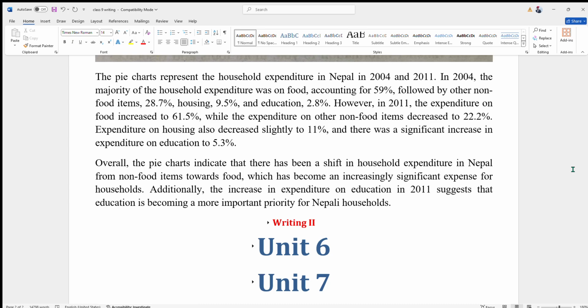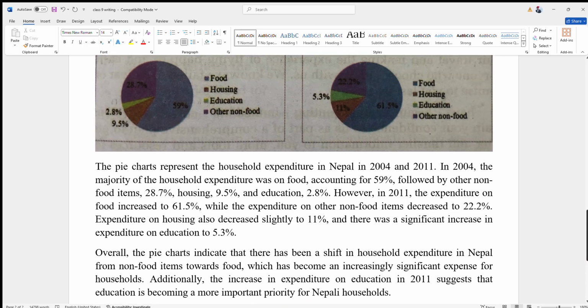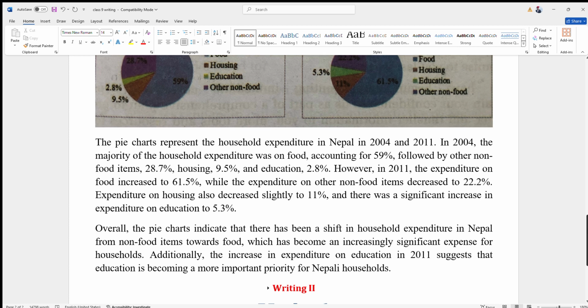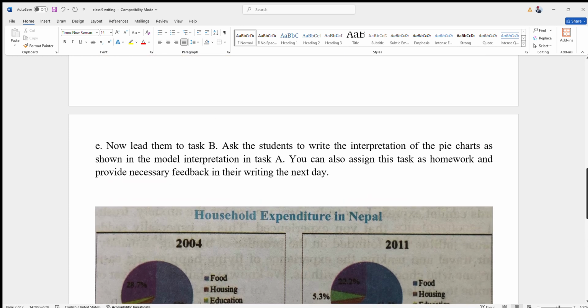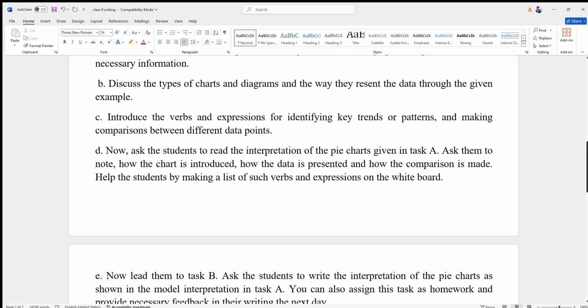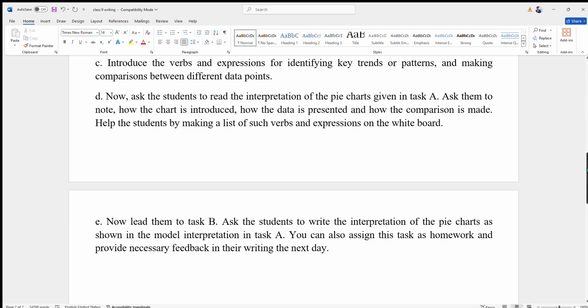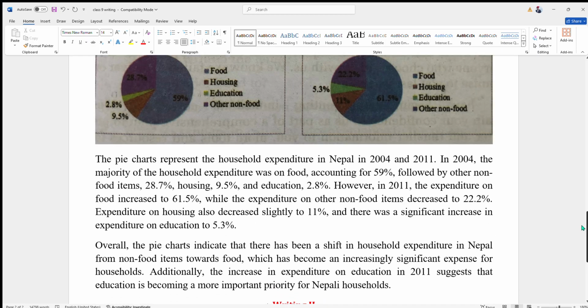In this way, we write an interpretation of a chart, bar graph, or pie chart. Comparison is given. Task A, comparison of a bar graph is given. Then task B, comparison of a pie chart is given.